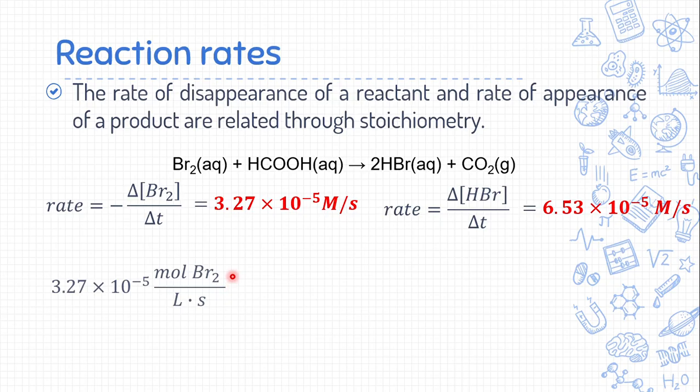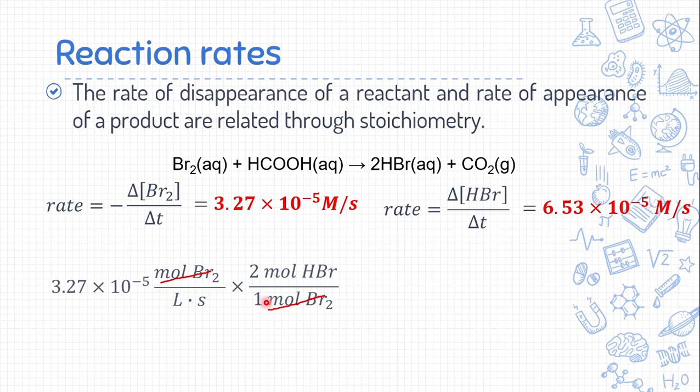And then, recall our discussion on stoichiometry. We can relate the amounts of each chemical involved in the reaction through their coefficients. So if we convert bromine into HBr, we would have this conversion factor: 2 moles of hydrogen bromide is formed per 1 mole of bromine gas. After which, we can now get these remaining units.